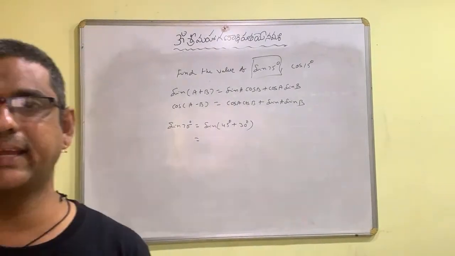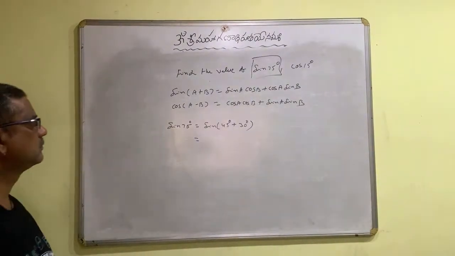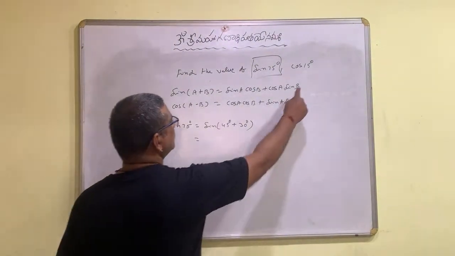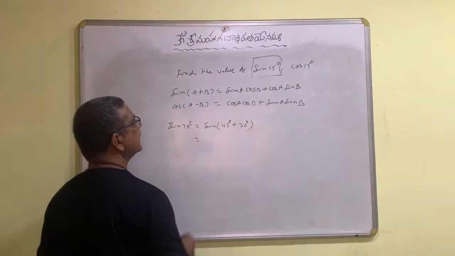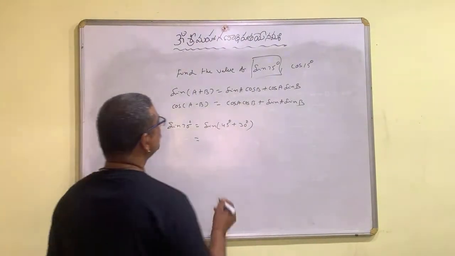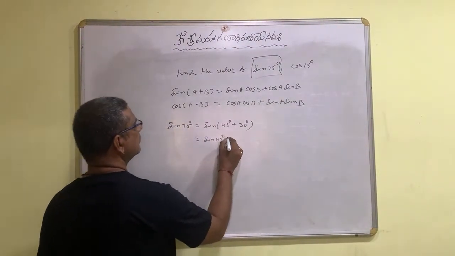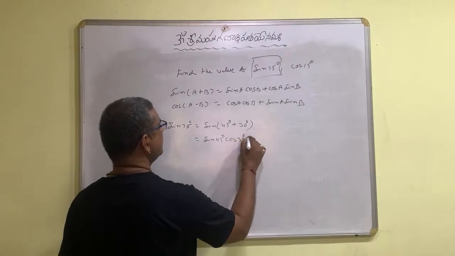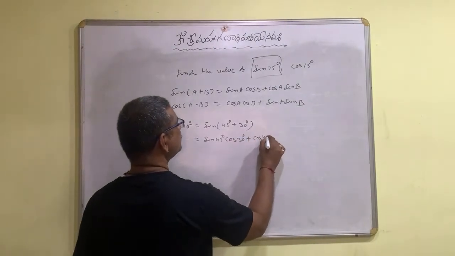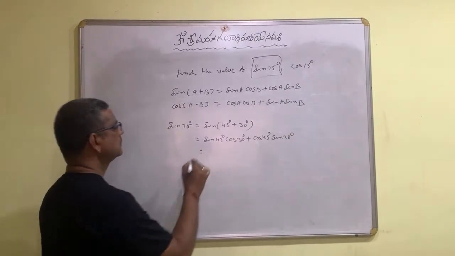Now apply this identity. Sin A plus B is sin A cos B plus cos A sin B. Is that right? So sin 45 cos 30 plus cos 45 sin 30.